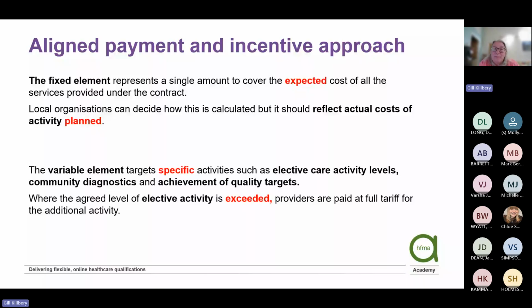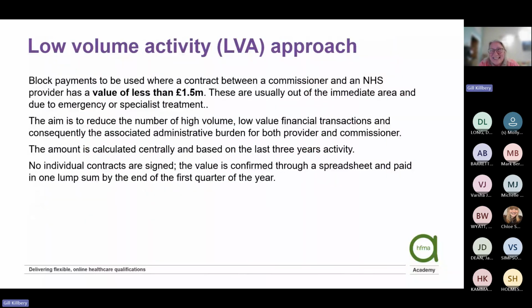A low volume activity approach. This is where a contract has a value of less than 1.5 million with an NHS organisation. It's calculated nationally and it's a one-off payment that's made around Q2. It doesn't change regardless of activity in year.